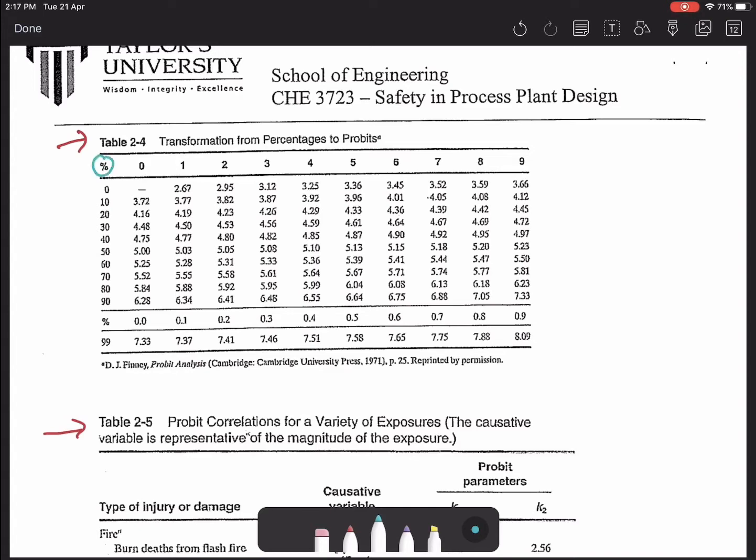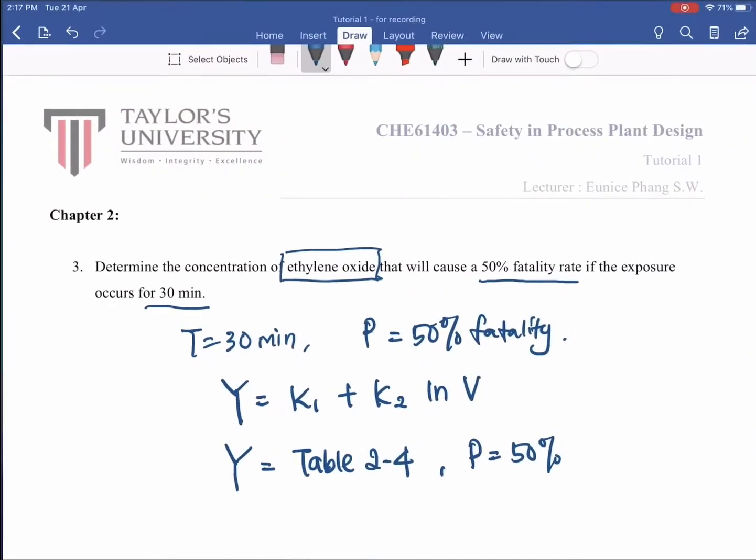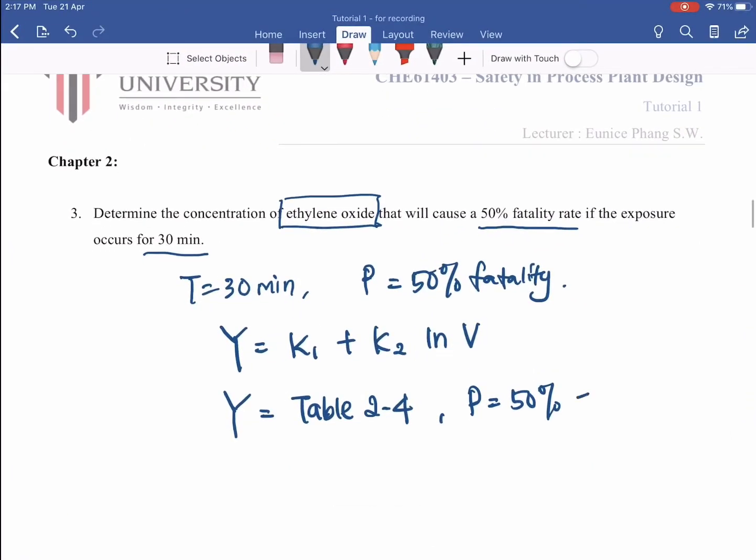This percentage here is the percentage of fatalities or anything else that we use to calculate the probit value. So 50%, 5.0. So this is our Y value. The probit value here is 5.0. So let's put it back here. This is 5.0.